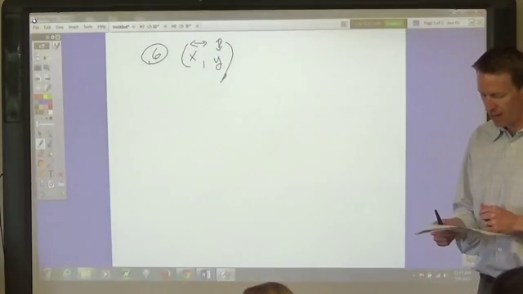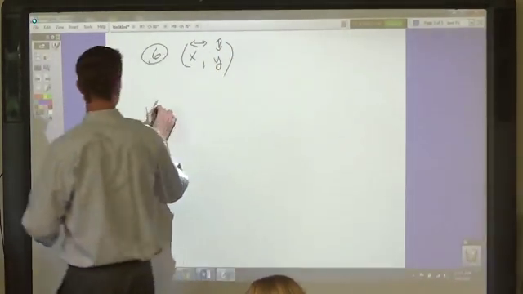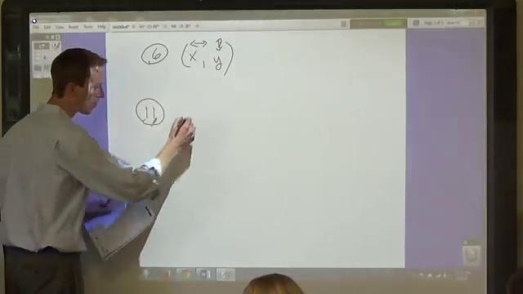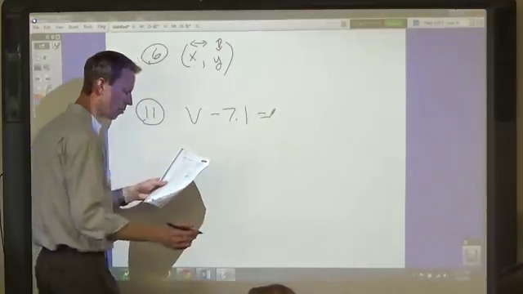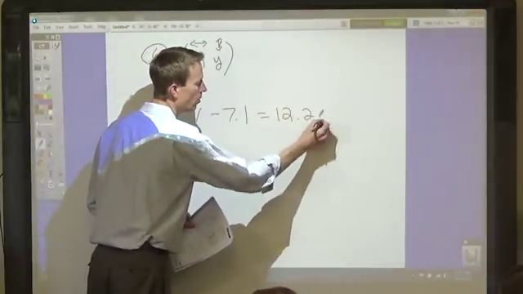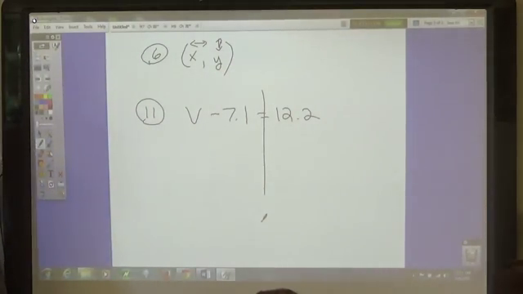Number 11, what is the value of the variable v? How do you solve an equation like this, class? Number 11, v minus 7.1 equals 12.2. How do you prove what v is? Laura?